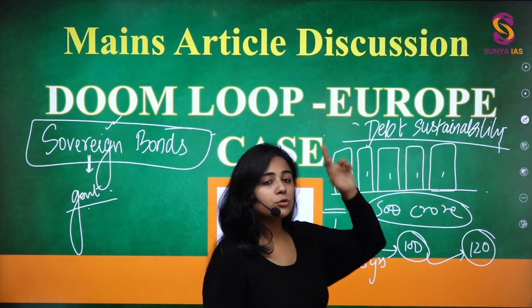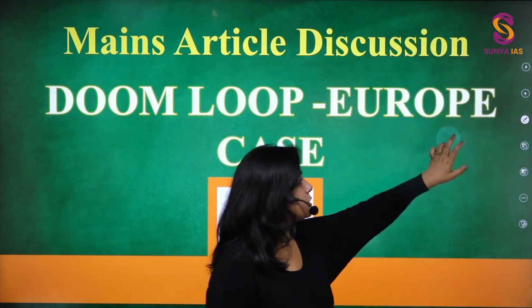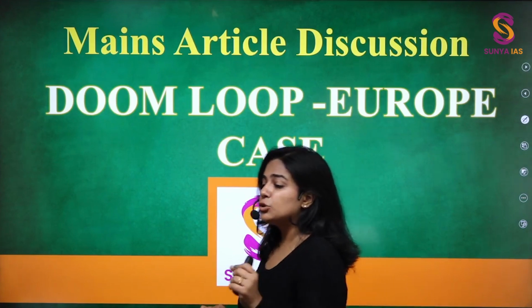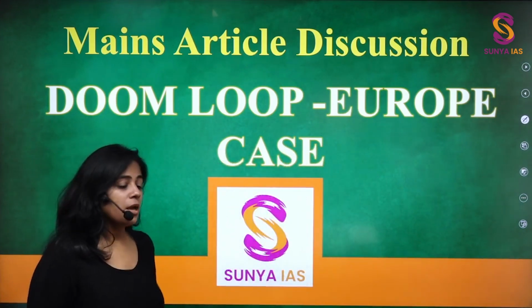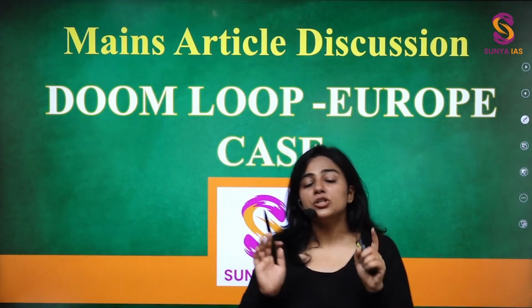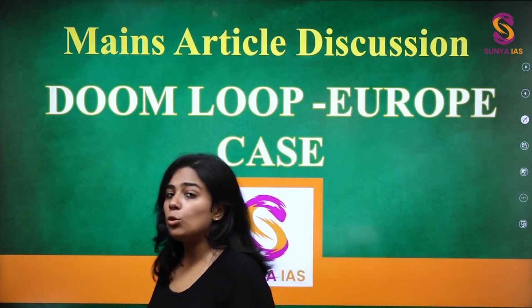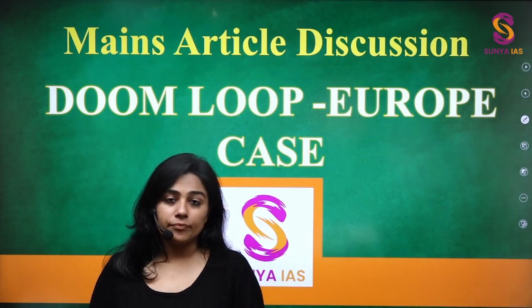And today we are going to talk about the European doom loop, because Europe is set to be in the middle of a doom loop right now, and specifically within Europe it is the UK, which is now not a part of the European Union, but is considered a part of the European continent. It is the UK which is said to be at the helm of the doom loop since the time it exited the European Union.